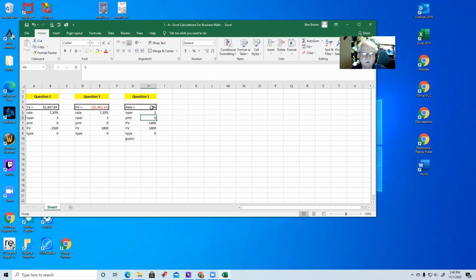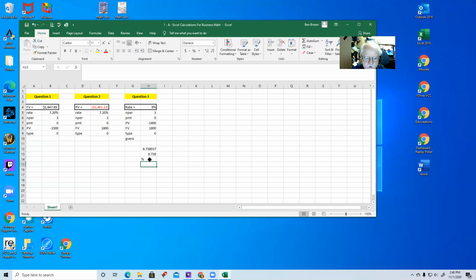And we get 9%. Now, weirdly enough, we didn't get 9% as our answer, but we have to go this times 100. And we decided we wanted this to 4 decimals, so equals round this, comma, 4. So there's our answer. And we want to have a percent sign attached to it.